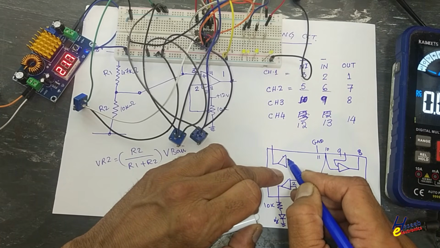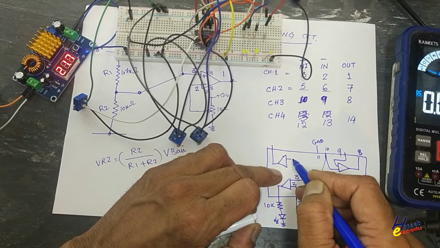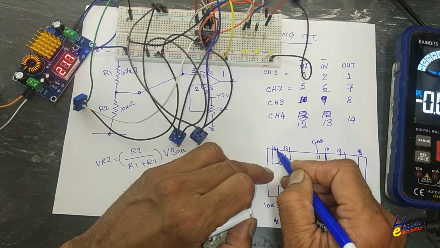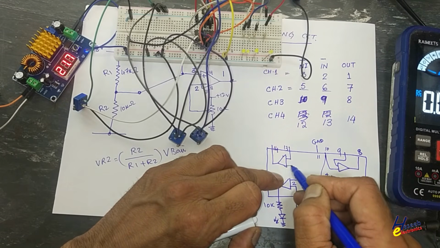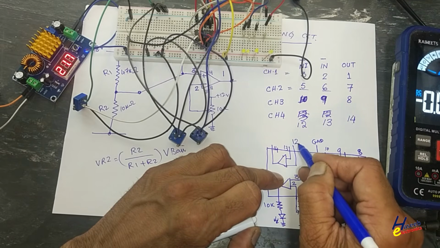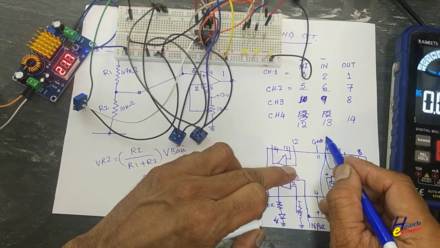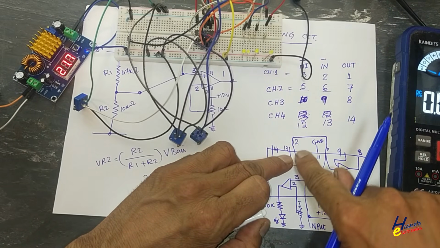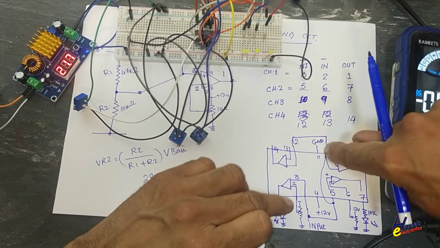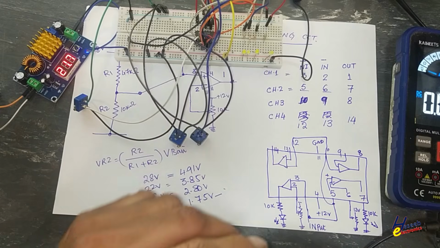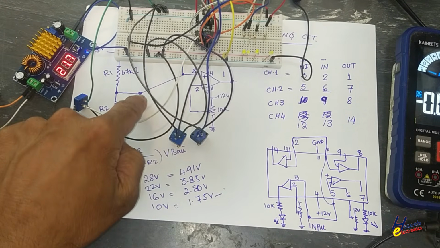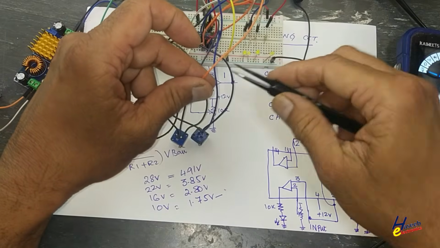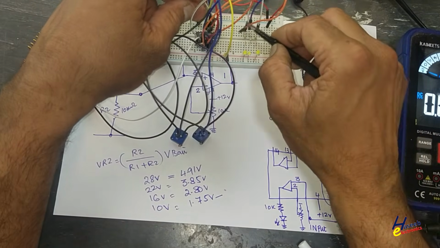Inverting input potentiometer at pin number 13. 14 out, 13 potentiometer, and 12 sense signal. The same 10 will be connected to pin number 12. 10, 5 and 3 are connected together at the same sense line here. Sense line at pin number 12.